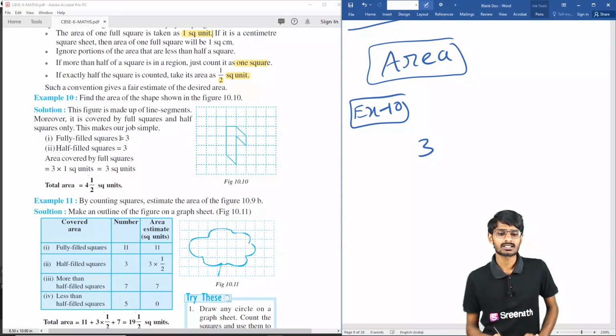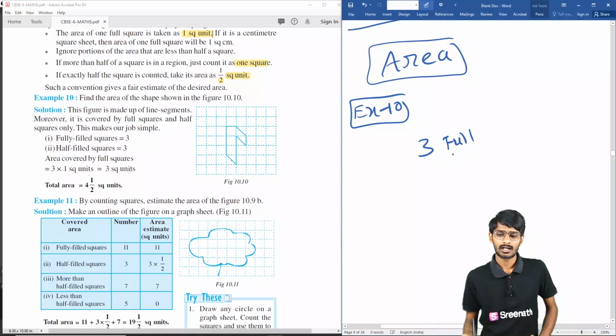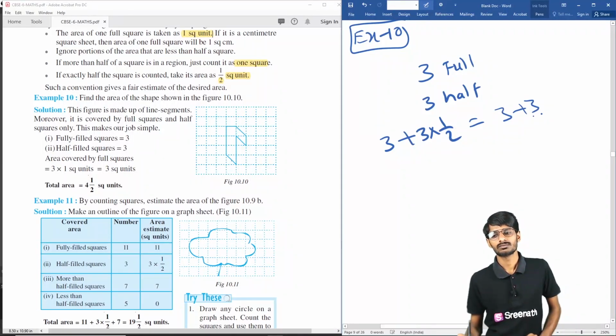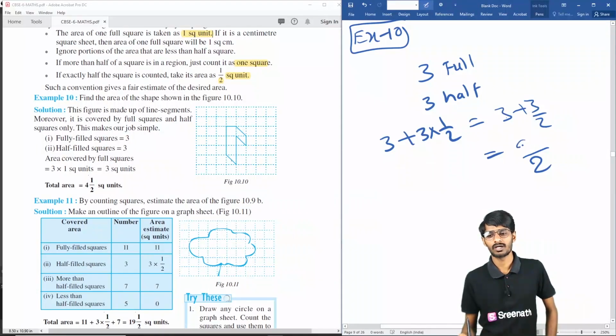And how many squares are occupying half? It is occupying half, it is occupying half, and it is also occupying half of the square. So we have 3 fulls and 3 halves. So the total number of squares is 3 plus 3 into half, meaning 1 by 2. Which is nothing but 3 plus 3 by 2. 3 2s are 6, plus 3 is 9 by 2.